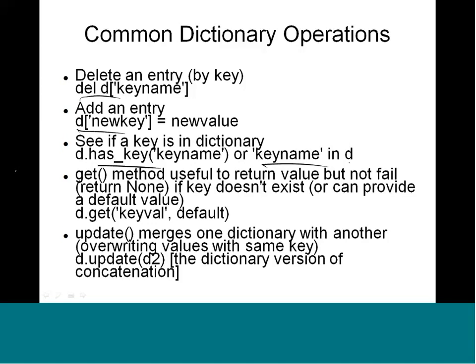The get is a method that is useful to return a value, but it does not fail; it returns None if the key does not exist. So you can use get to get the value, and it won't fail if the key doesn't exist. The way to use it is get, then the key, and then the default.